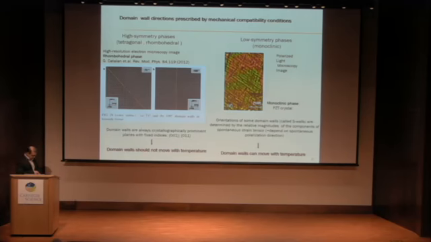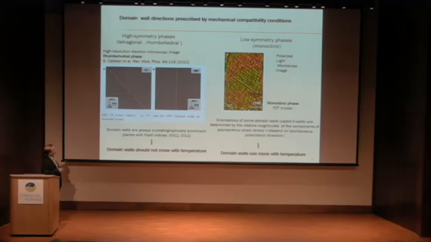It is known that the position of domain walls is determined by the mechanical compatibility conditions, which are determined by the components of the spontaneous strain tensor. And in high symmetry phases, as in this example, the domain walls are always parallel to crystallographically prominent planes like the 001 and 011 planes.